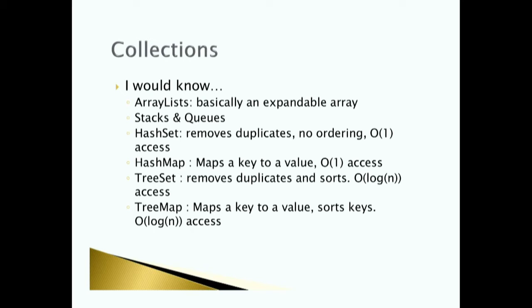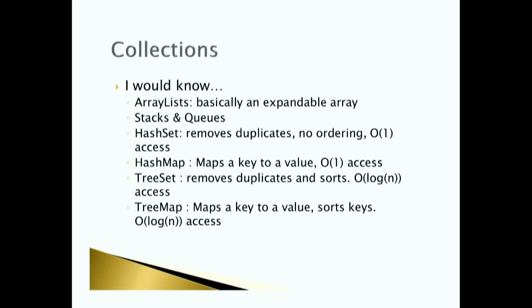You will use those extensively forever because they give you order one access to things, and you can just look it up. You'll learn about hashing and how this works when you take CS1. Hash sets and hash maps are probably one of the most useful things I use all the time in Java. And then tree sets and tree maps, which are basically binary trees, which you also learn in CS1.